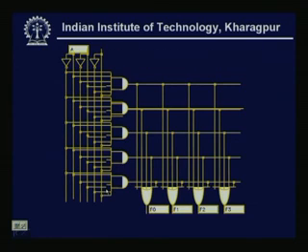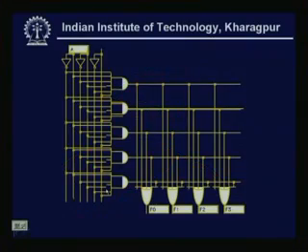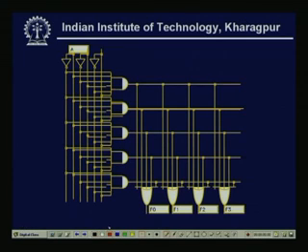Now, we see how this array structure is done in real life. For this particular example, say A, B, C are the 3 inputs.